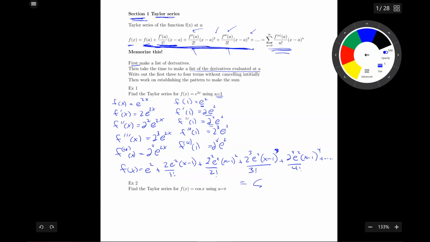So what I'm going to encourage you to do now is to summarize and make this kind of a sum. This sum is going to start at 0, and so when I plug in 0, I want this term to be generated. When I plug in 1, I want that term, n equal 2, n equal 3, n equal 4.